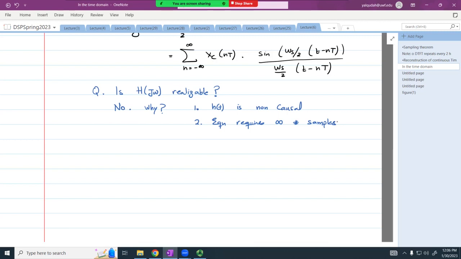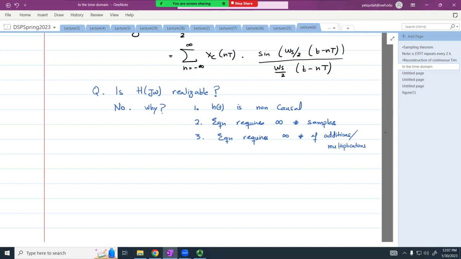And third, the equation requires an infinite number of additions and multiplications. Can you read this as multiplications? Okay, so apparently this is an ideal filter that is physically not realizable.